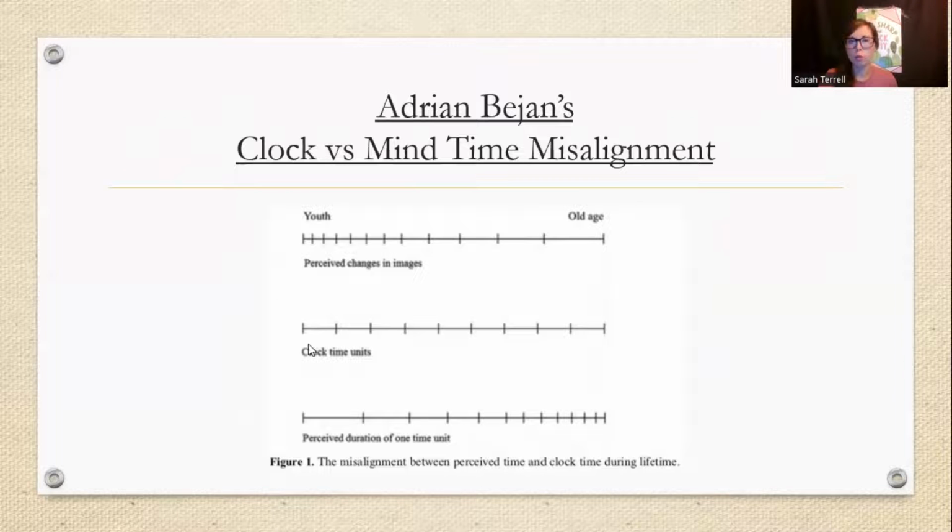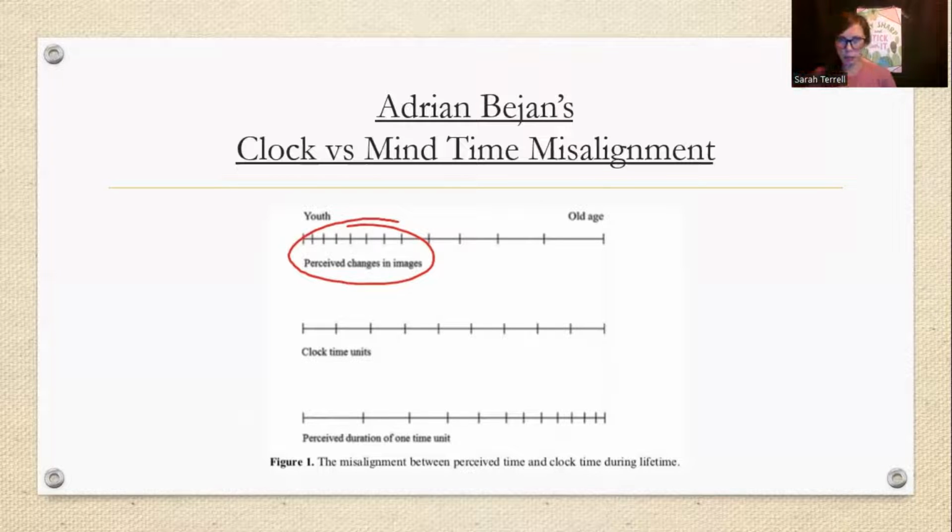So over here on the left-hand side of this chart, we have youth, and on the right-hand side, we have old age, and we have 3 different spectrums occurring at the same time from youth to old age. Let's talk about the first spectrum, which deals with perceived changes in images.